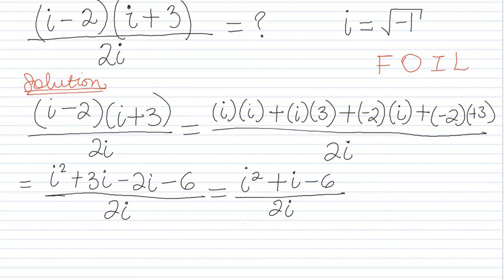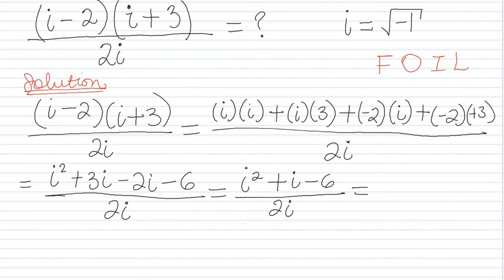Now, before we continue this question, I want to first show you a way to simplify this, because this is definitely not simplified and it almost makes the numerator look like a quadratic equation, and that's not what we're trying to do here. So we have i squared plus i minus 6.